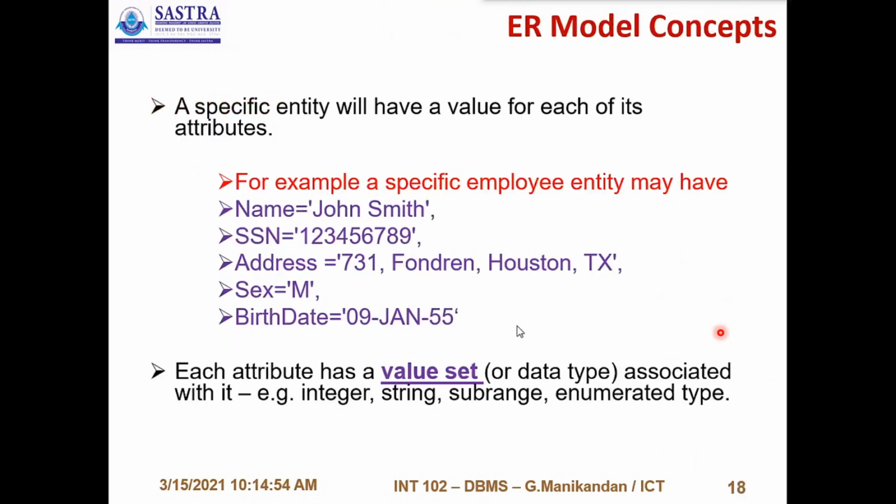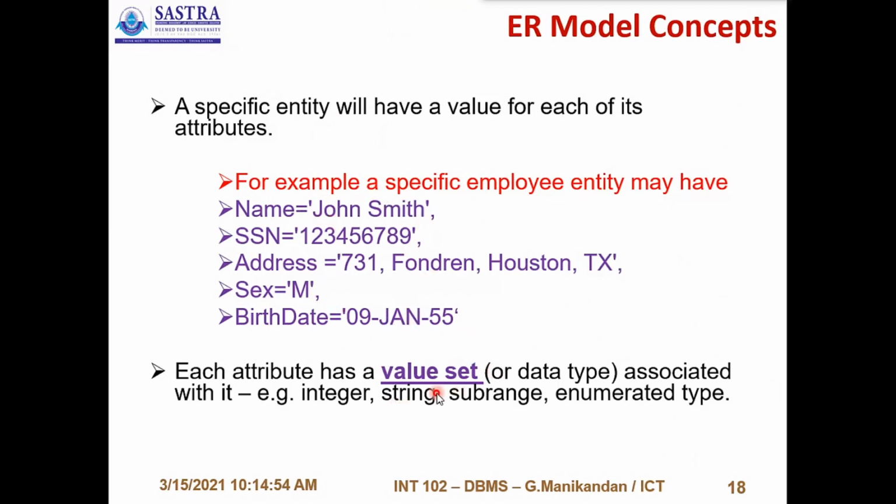A specific entity will have a value for each of its attributes. For example, the name of the employee may be John Smith, social security number, address, sex, birth date. What you have to remember is these are the values associated with one particular entity. These values are called the value set.